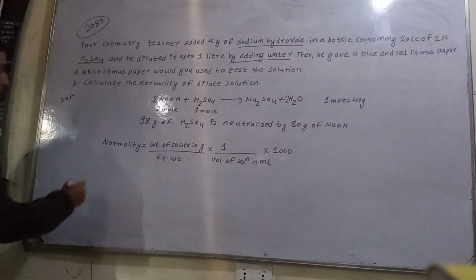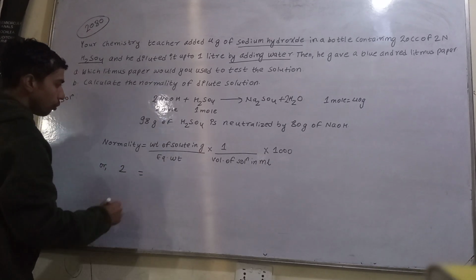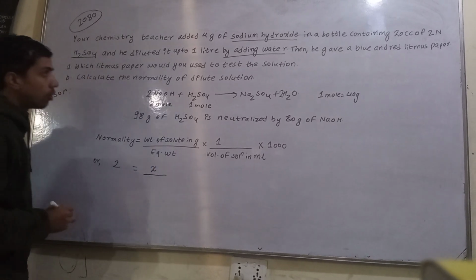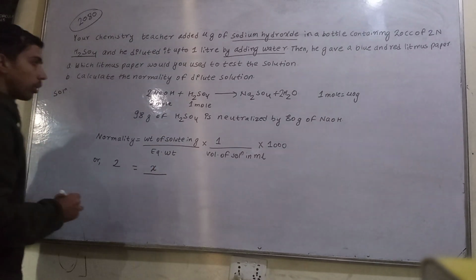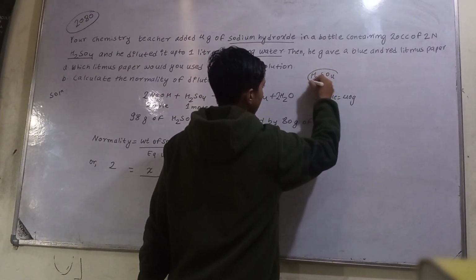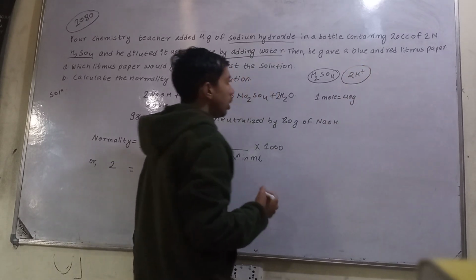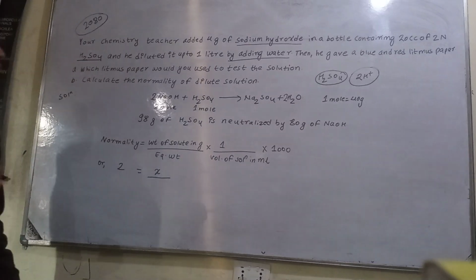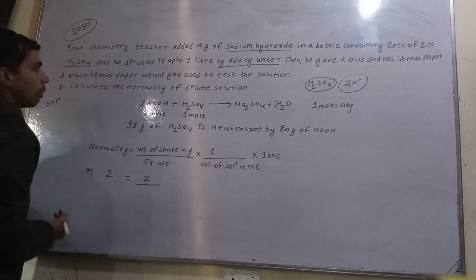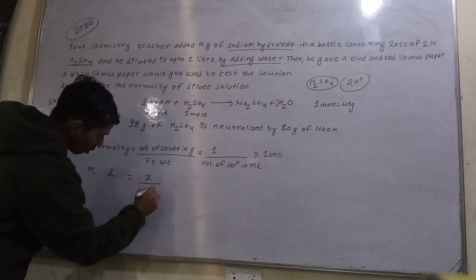We need to calculate the weight of solute in grams, so let us consider it X. For the equivalent weight of H2SO4, when it undergoes ionization it gives 2 H plus ions, so if we divide the molecular weight by 2, the basicity of the acid, that gives the equivalent weight, which is 49.